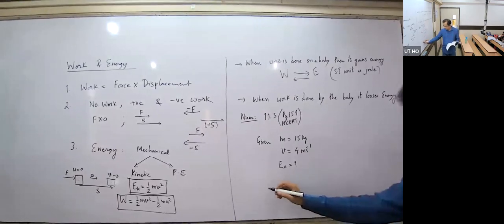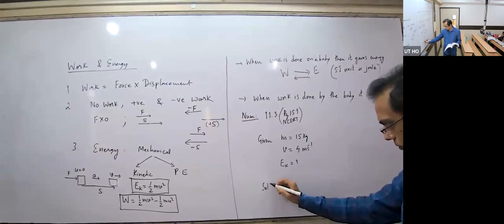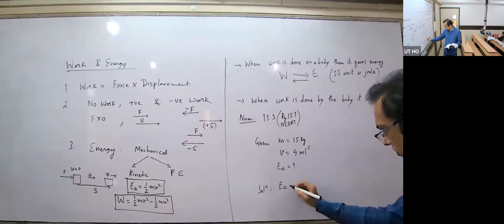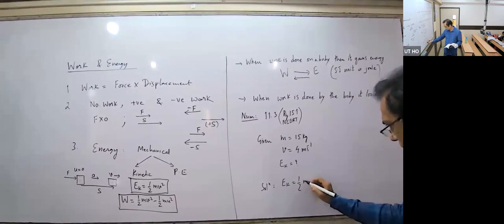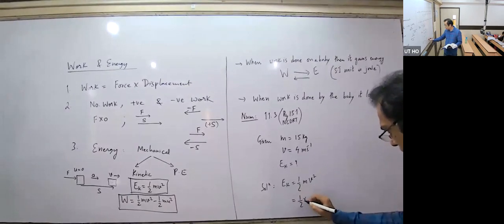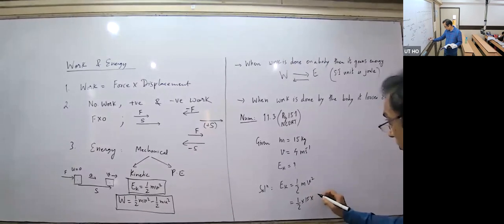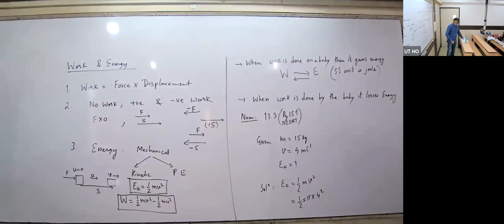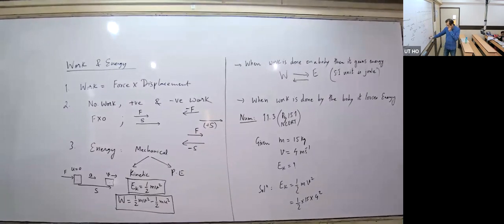So what will be the solution? Solution is Ek is equal to half mv square. So this is straightforward, right? This is half into 15 into 4 into 4. Right? So it will be 60. Okay.